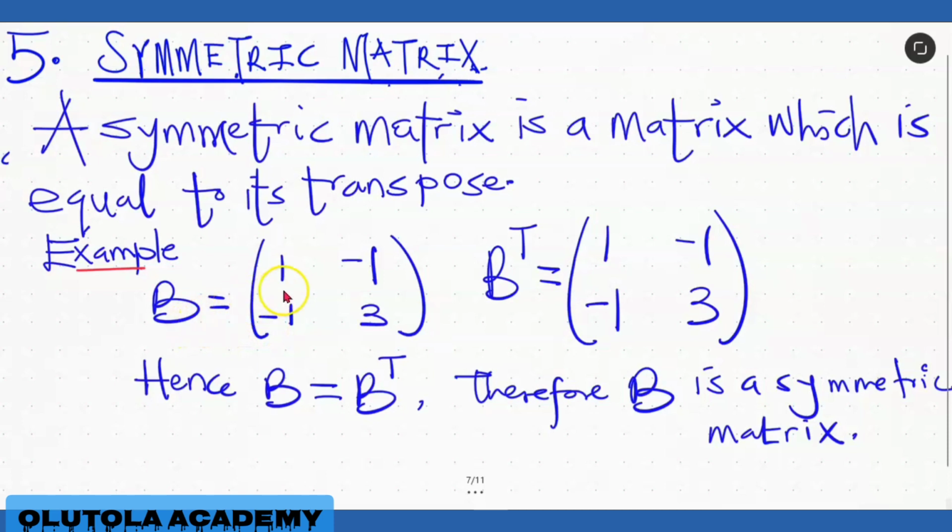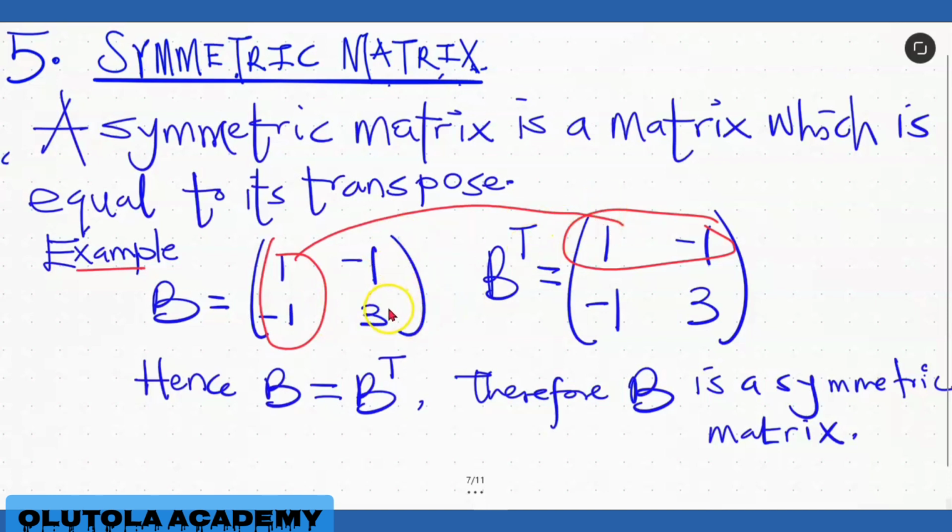Matrix B is a 2 by 2 square matrix, having 1, minus 1, 2 rows, 2 columns. And as you can see here, the rows here have been changed to the columns, and the columns here have been changed to rows.